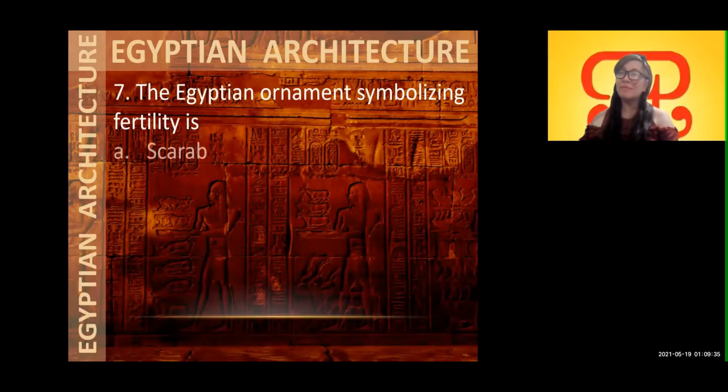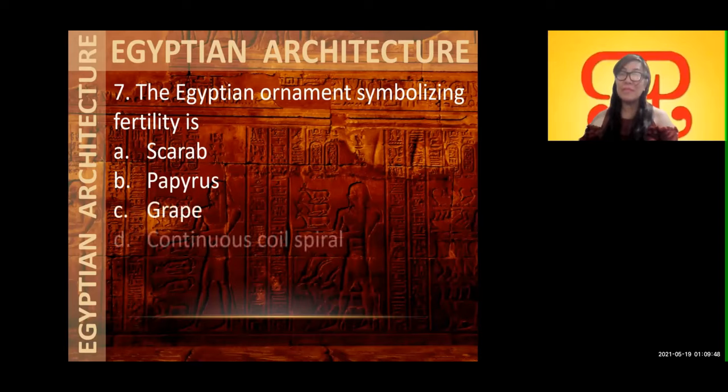Now, number 7, the Egyptian ornament symbolizing fertility is it A, scarab? Is it B, papyrus? Is it C, grape? Or is it D, continuous coil spiral? The answer here is letter B, papyrus.